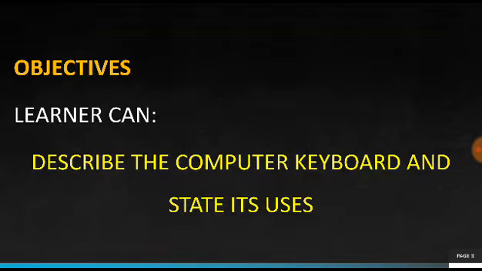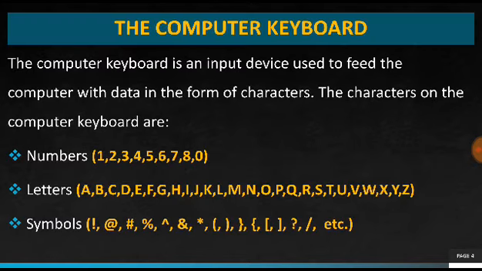At the end of this lesson, you should be able to describe the computer keyboard and mention its uses. So when someone asks you what a computer keyboard is, you should be able to describe the computer keyboard and state or mention its uses.